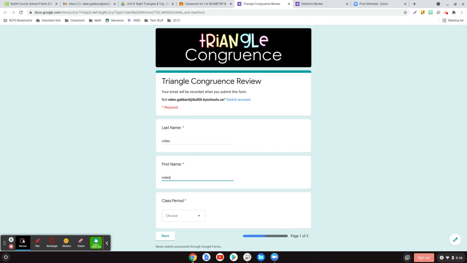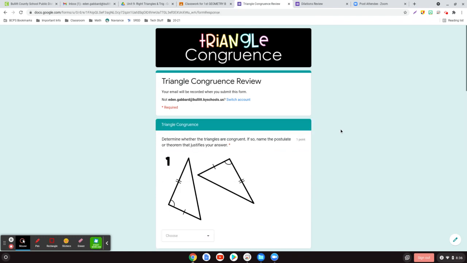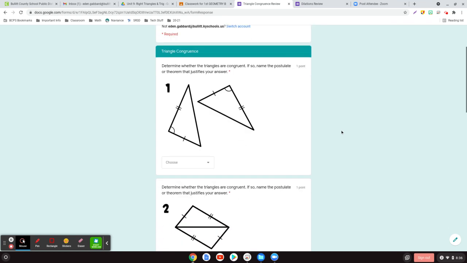All right, here is our next one. So this one is on triangle congruence. So we need to use our notes from Unit 8 to go in and look at our postulates.